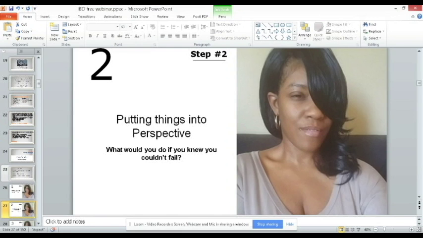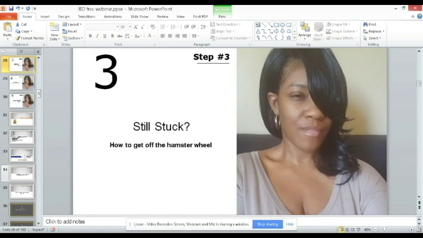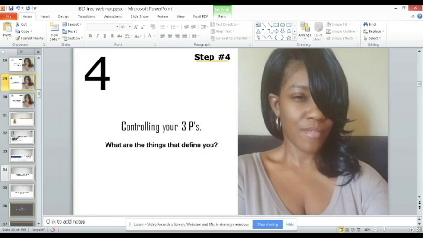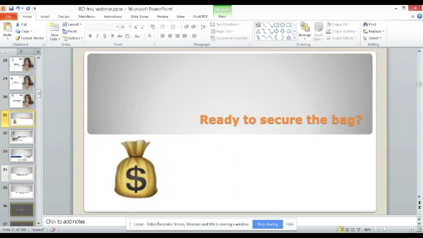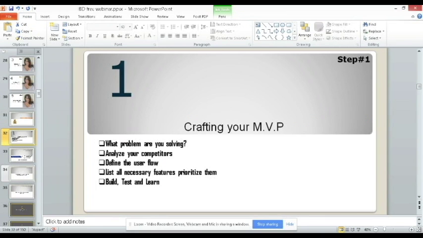I love the what if concept, and so I use it a lot. If you're still stuck, I'm going to teach you how to get off the hamster wheel, how to control your 3 Ps. What are the things that define you? And list. Content is key or king, but the money is in the list. All right, you ready? Let's go secure the bag.